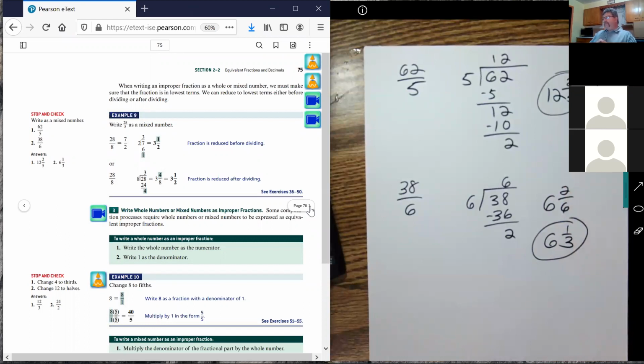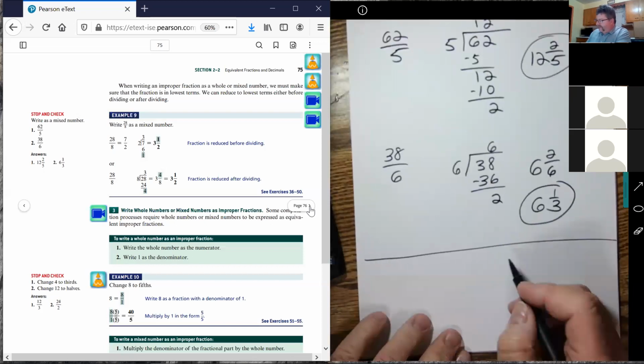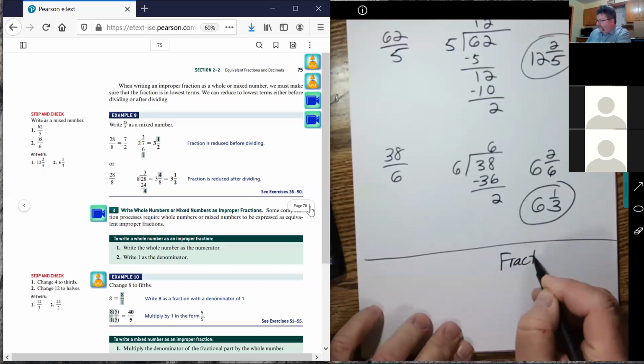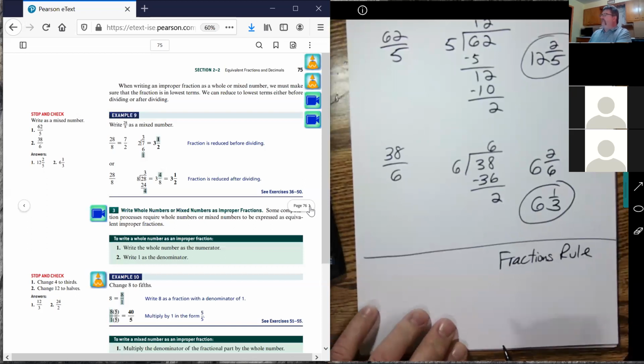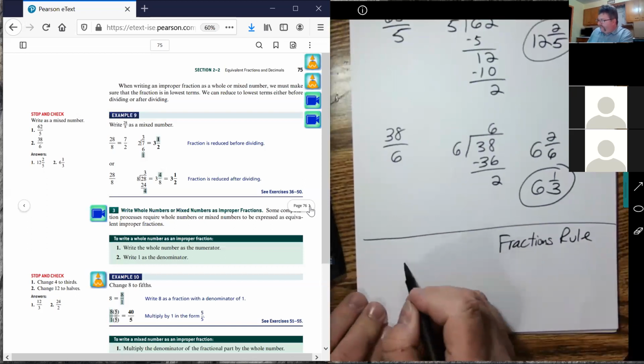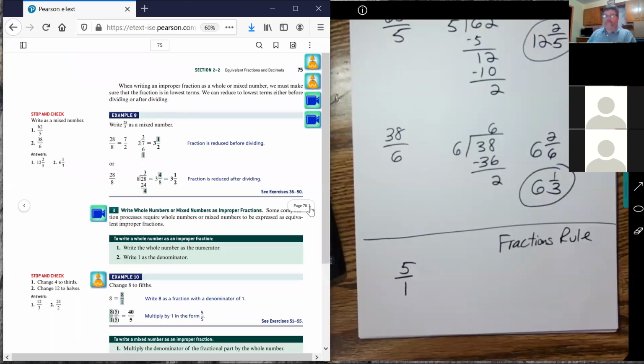There are times when it's beneficial to turn a whole number into a fraction. Remember, fractions rule, right? Don't forget it. So even if we have good old number 5, I might want to think of it as a fraction, so I'm just going to slap a denominator of 1 on it, okay?